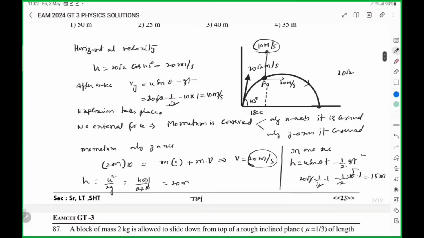So the total height it rises is 20 plus 15, 35 meters.